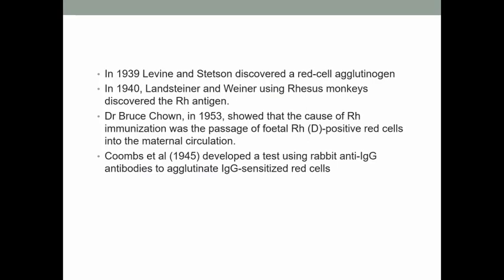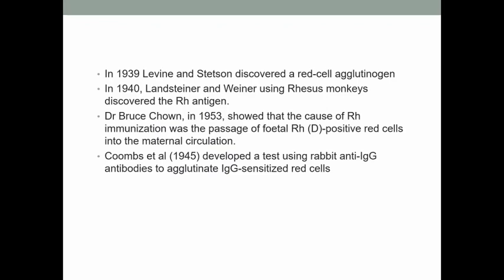Then in 1953, Bruce Chown found that Rh isoimmunization was due to passage of Rh positive cells from fetal circulation to maternal circulation, which caused the Rh sensitization in the mother.